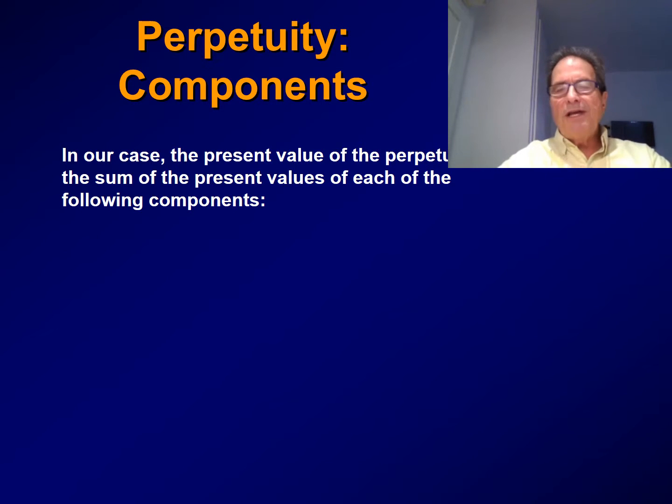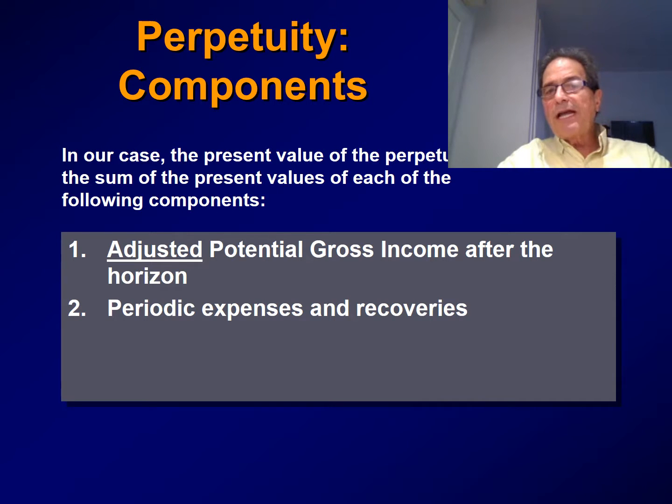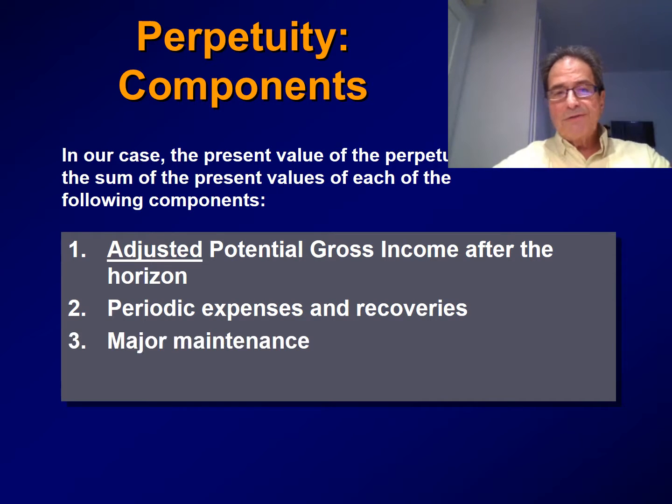Given that we are thinking of the cash flow as composed of different cash flow streams at different risk, in this case of the perpetuity, we can separate these cash flows into the following components. First, something that we will call the adjusted potential gross income after the horizon, that I will explain in more detail later. Second, periodic expenses and recoveries.